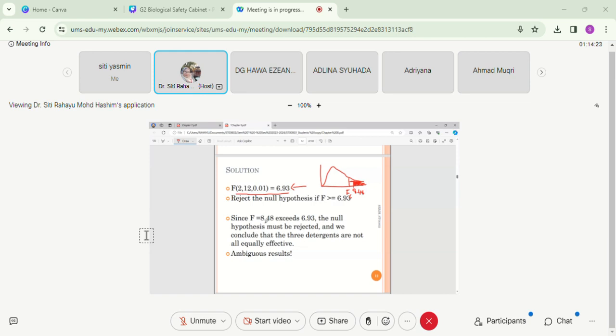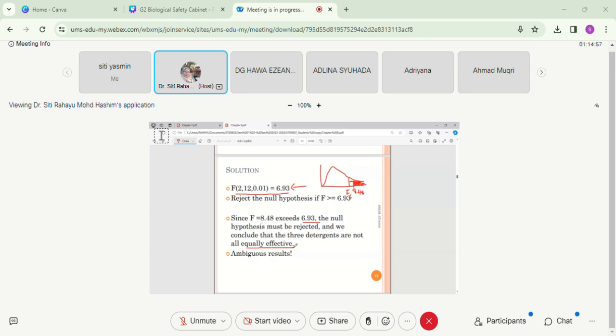So since F equal to 8.48 exceeds 6.93, the null hypothesis must be rejected because we have sufficient statistical evidence. And we conclude that the 3 detergents are not all equally effective in terms of the whiteness readings. But if we can only say that they are not equally effective, it doesn't serve the purpose, isn't it?